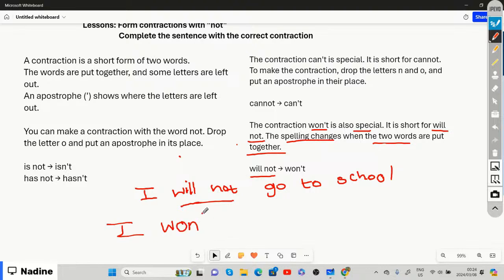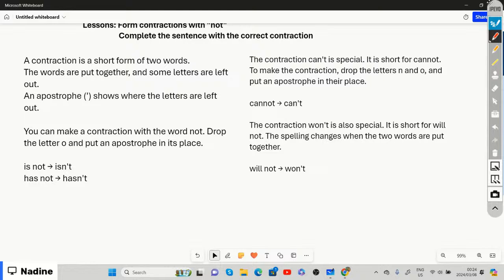W-O-N apostrophe T. I won't go to school. Right? And there we have our word won't. And like I say, these are negative contractions.